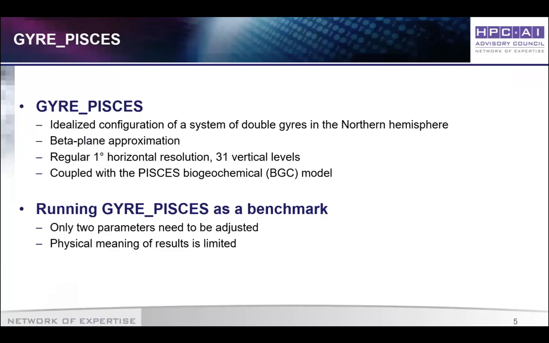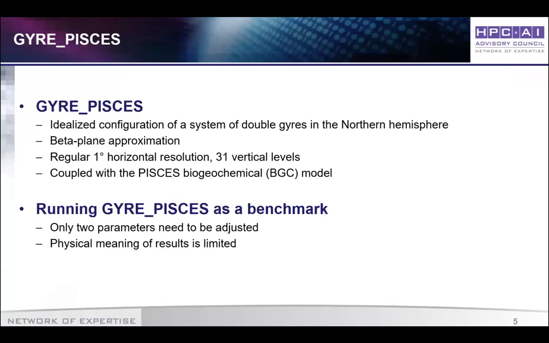This is a fairly small model. Newer models, or higher resolution models, include at least 100 vertical levels. It is coupled with the Pisces biogeochemical model. To run Gyre Pisces as a benchmark, we only need to adjust 2 parameters.